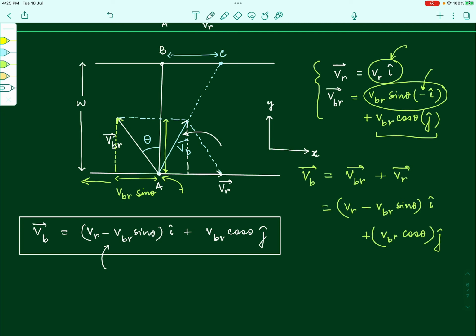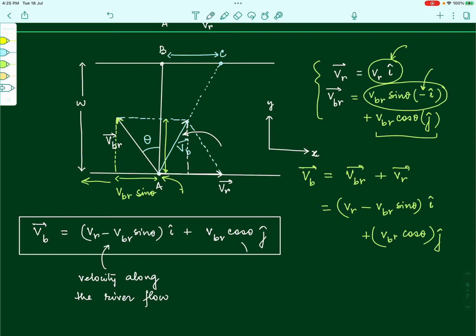It will only create a displacement along the flow of the river. This is the velocity of the boat along the river flow, and this is not going to help the boat cross the river.